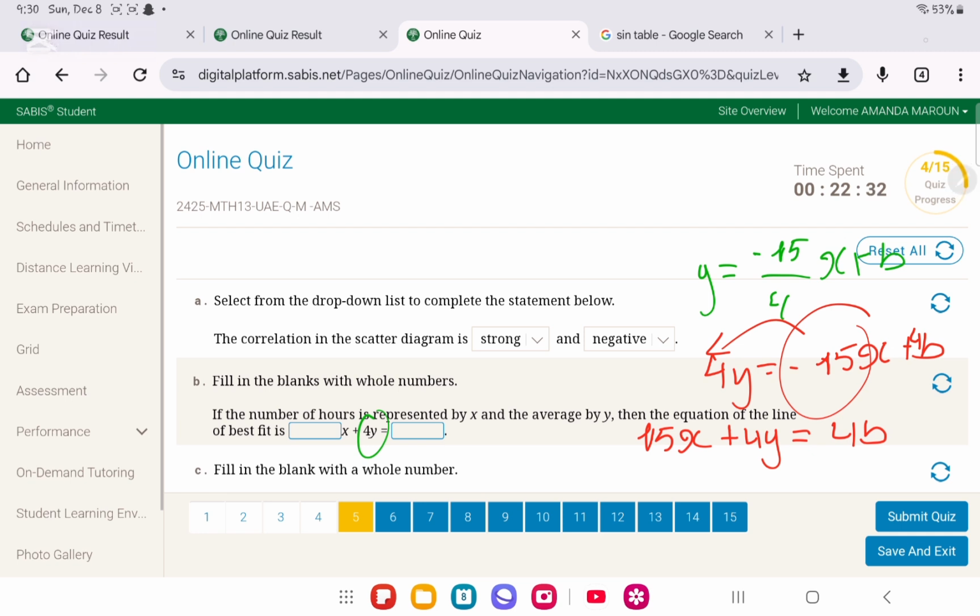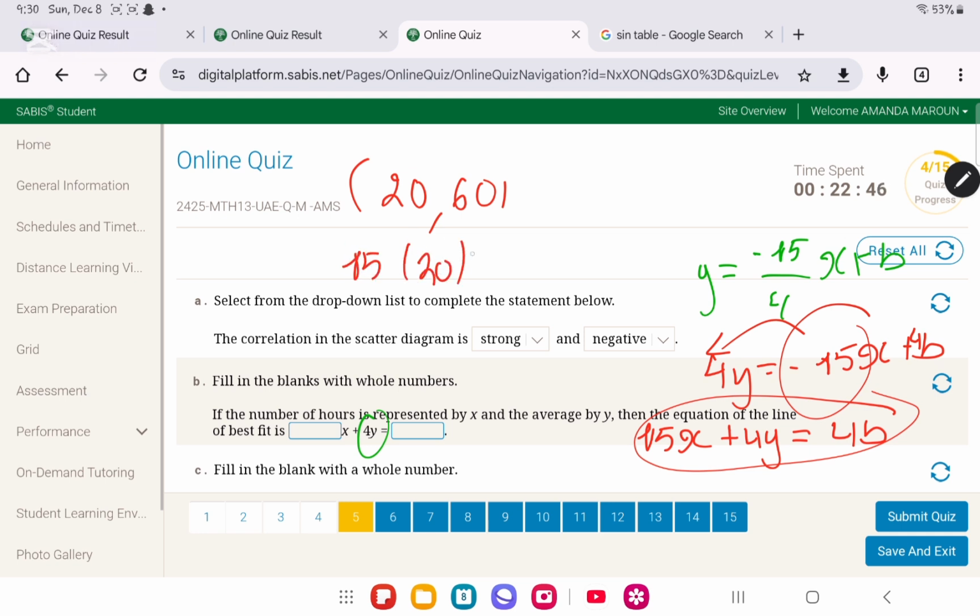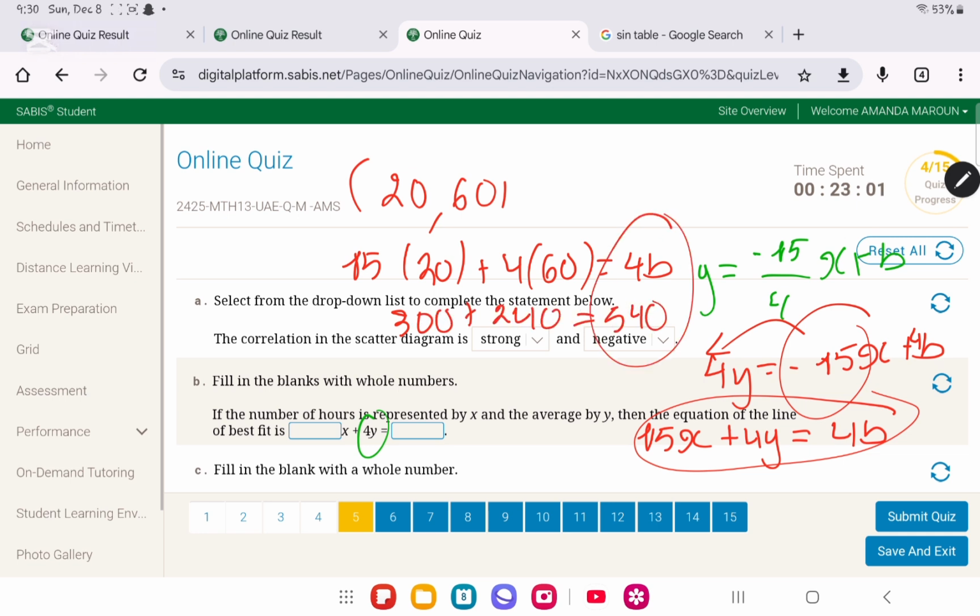Now, very simply, we're going to choose any random point. For example, the x is 20 and the y is 60, and we are going to substitute it. So then, it becomes 15 times 20 plus 4 times 60 is equal to 4b. So it is then 300 plus 240, which is then 540. So 4b is 540.